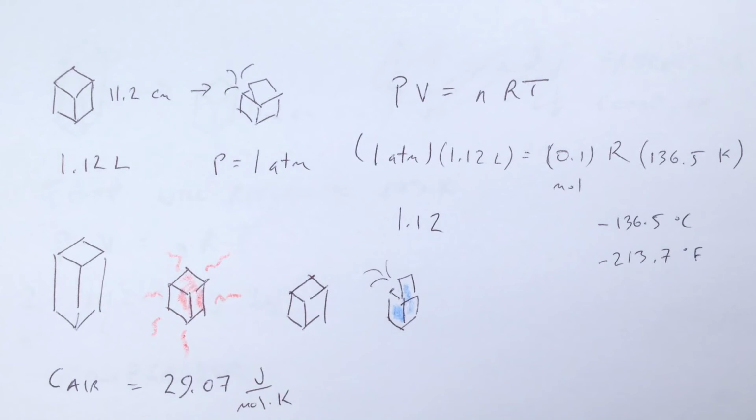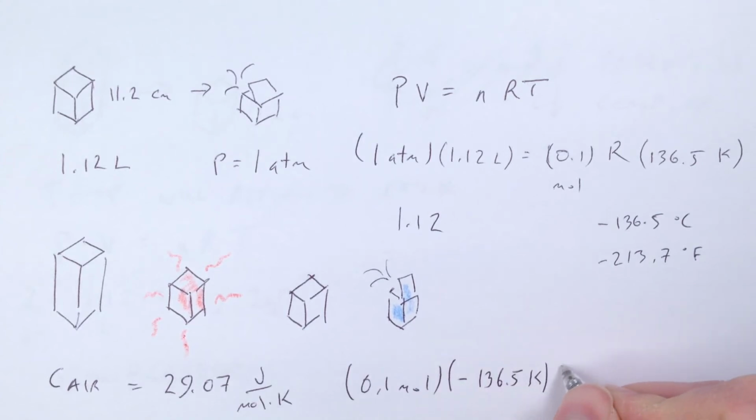And if you plug in everything, we had 0.1 moles. It had a temperature change of negative 136.5 kelvins. And then we put in this number here, 29.07 joules per mole Kelvin. Let me just bring these crayons back for color coding. Moles cancels out.